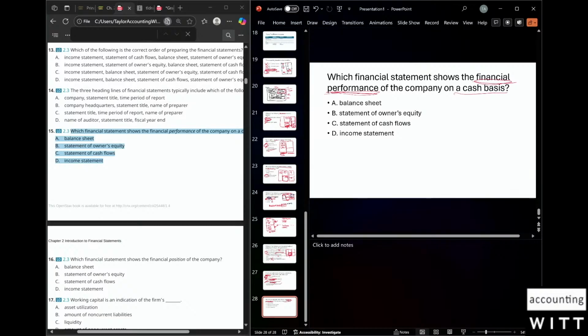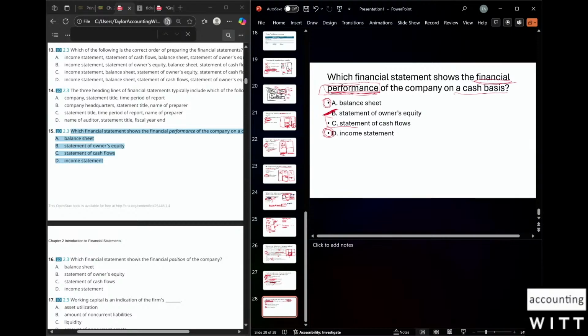If we're going to say performance is talking about the change and not necessarily your structure, then let's go with that. If it's a cash basis income statement, then obviously, if it's a cash basis balance sheet, then obviously I'm going to rule out B.